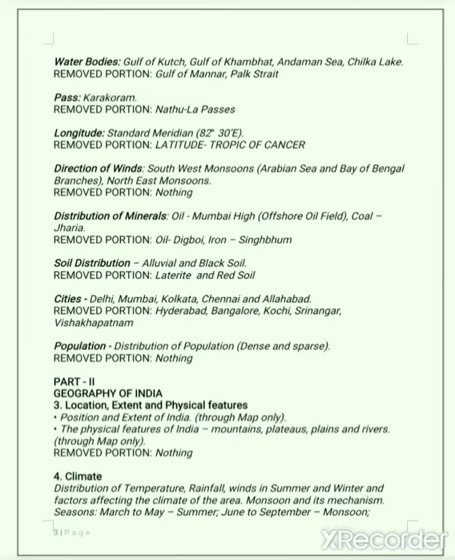Part 2 deals with geography of India. Now here the first chapter which is there under part 2 is location, extent and physical features. This chapter should be done through map only. So from here you are required to do map pointing.